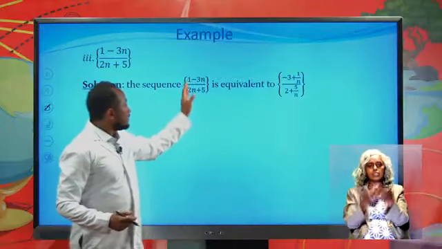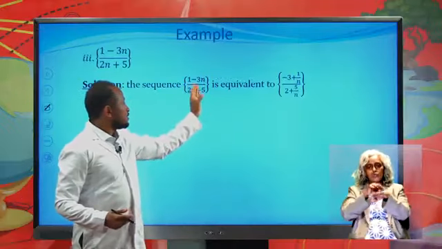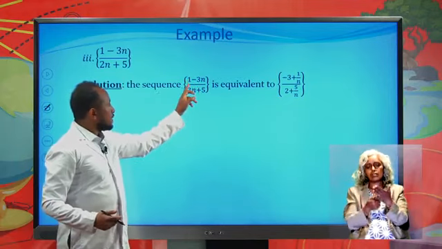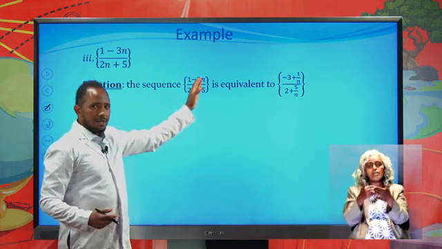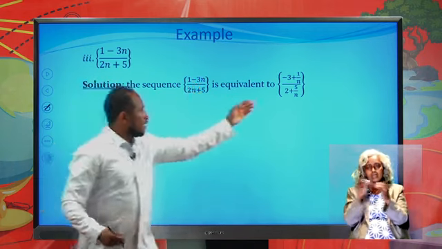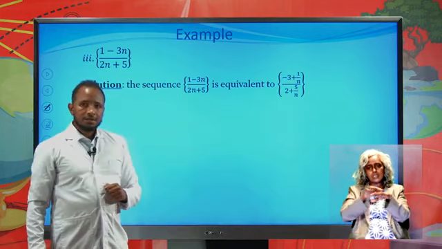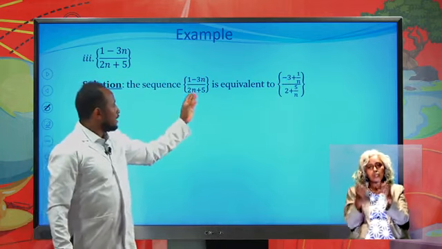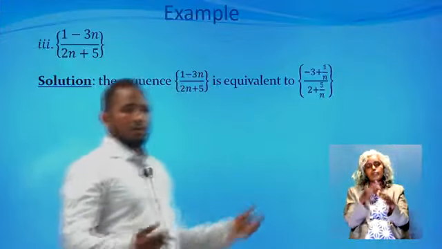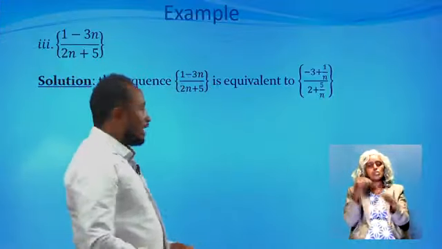If you divide both the numerator and denominator by n, you get that result. This becomes 1 over n. This becomes minus 3n over n, which is minus 3. So minus 3 plus 1 over n on the numerator, and in the denominator, if you divide by n, 2 plus 5 over n. This is it. So now let's put some of its terms.